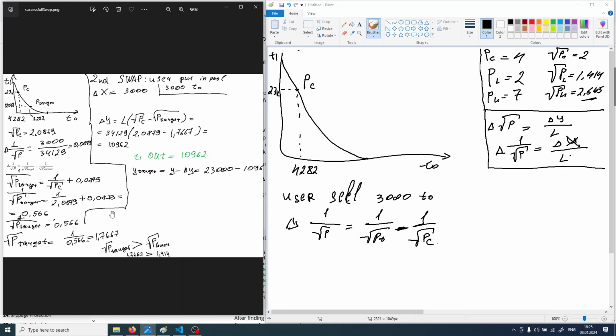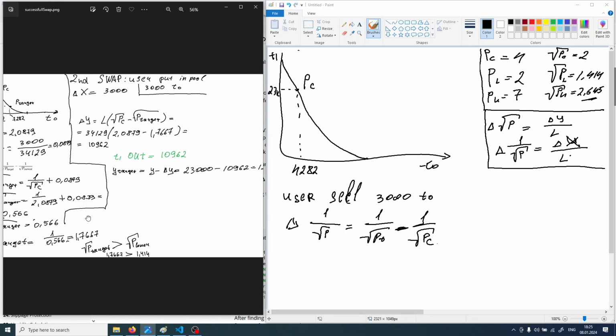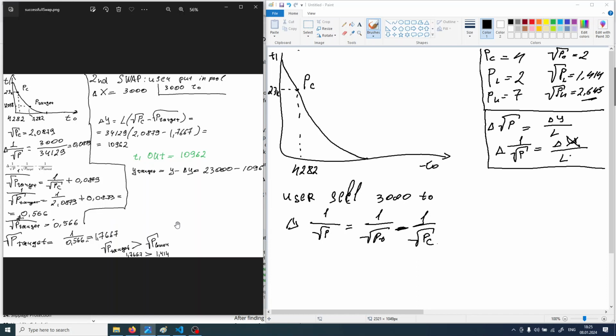And here we must understand that a pool in production, and I don't know, in the first milestone maybe 2, the code in Solidity compares P target with the square root of P lower.